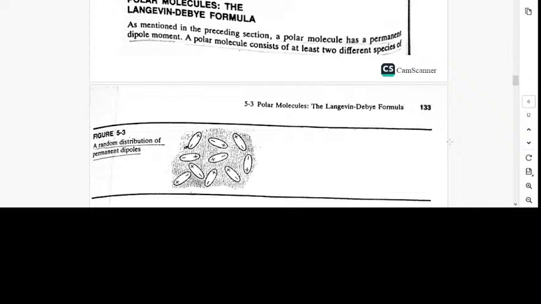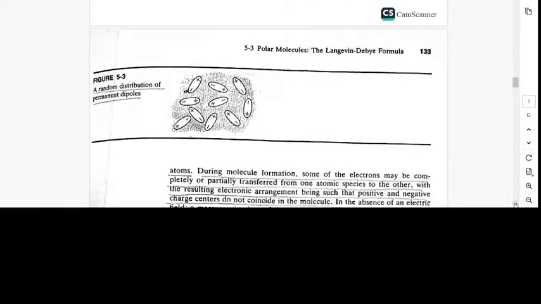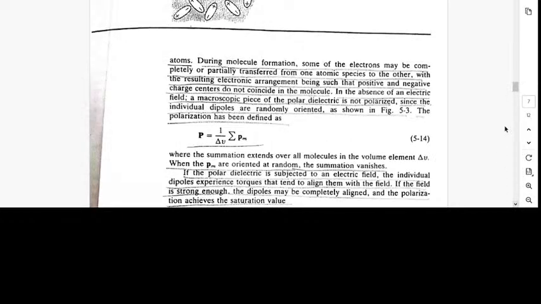One is a positive ion and second is a negative. Means electronic cloud is always present there in the absence of the applied electric field. That is the polar molecule. And a polar molecule consists of at least two different species of atoms.